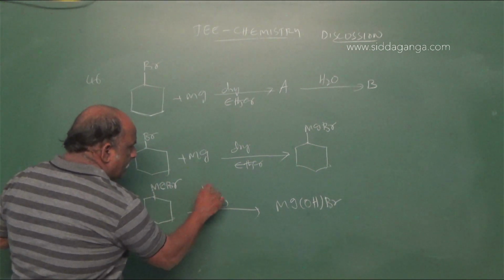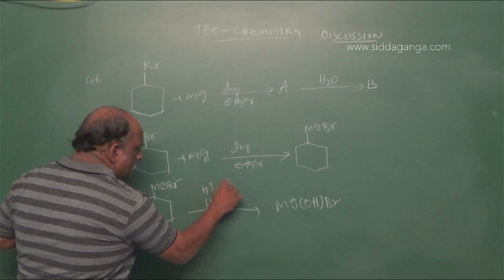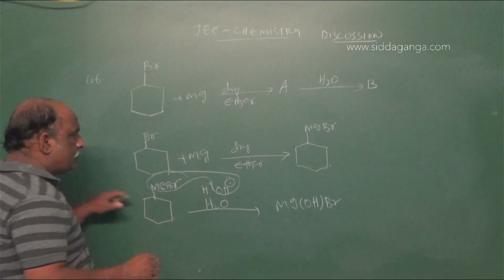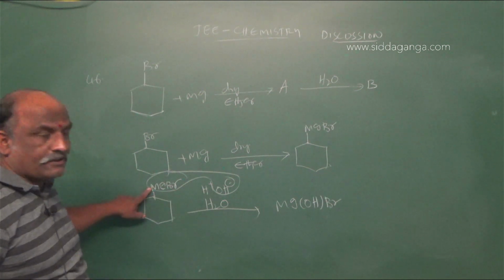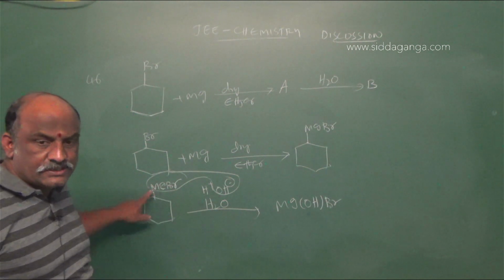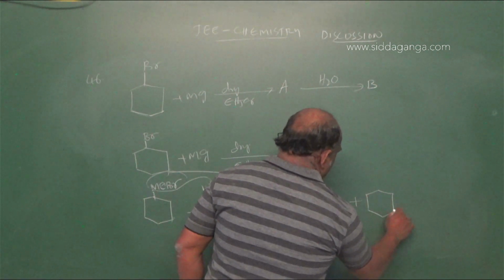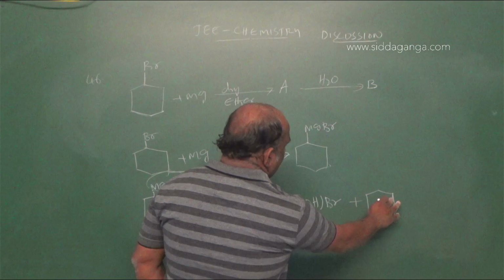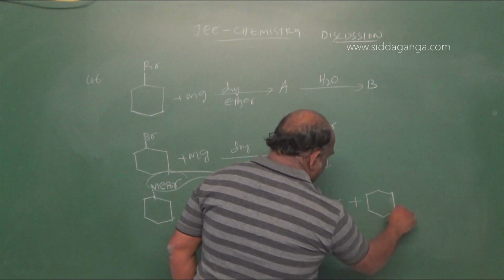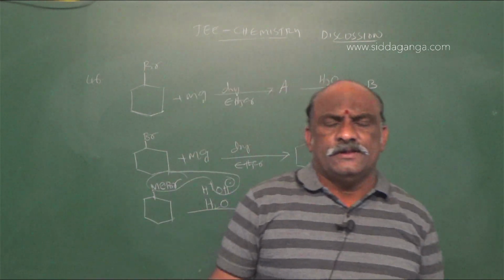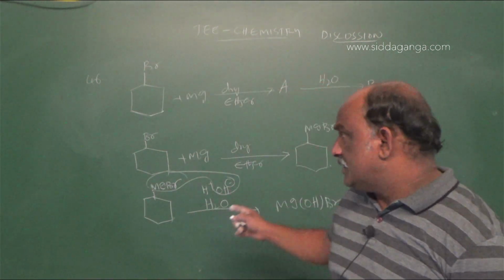H2O can be written as H plus and OH minus. You separate the OH part and add H here. What do we get finally? The compound is cyclohexane. The answer is cyclohexane for this question.